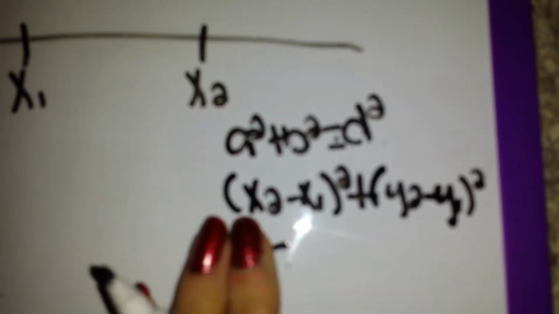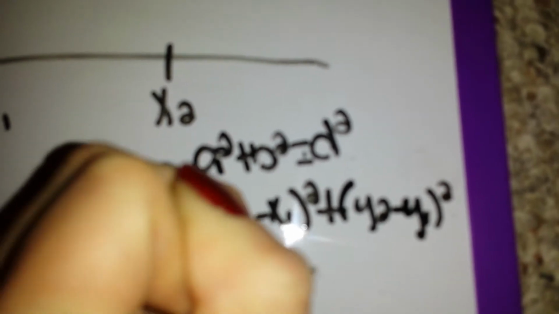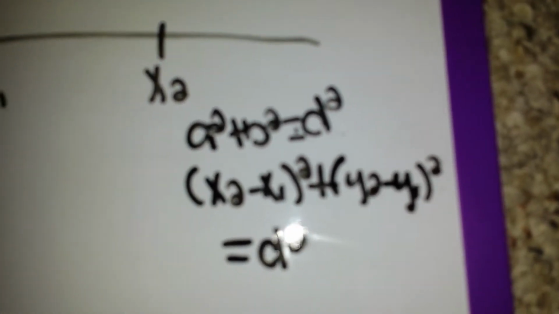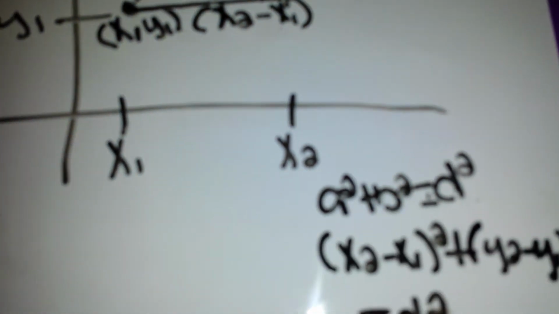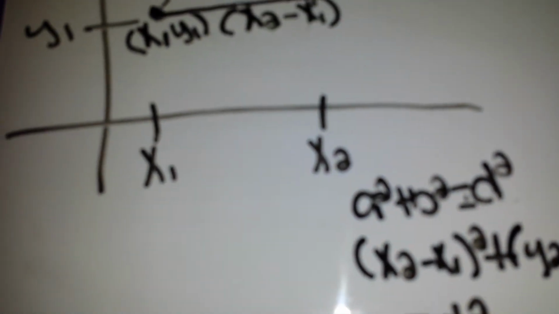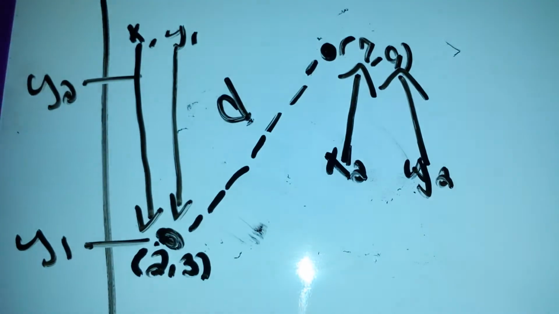But that would equal, in this case, the d squared. And this is where the distance formula comes in.